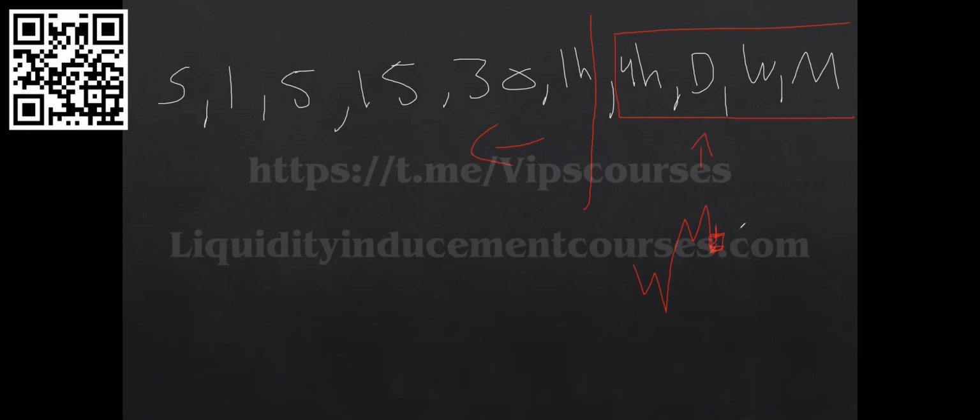Let's say the daily candle closes like this, and then there's a wick. That wick is an unmitigated wick. The daily closed with an unmitigated wick. So that for us is important. That'll be a POI.